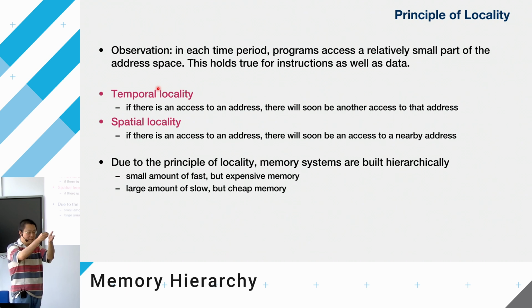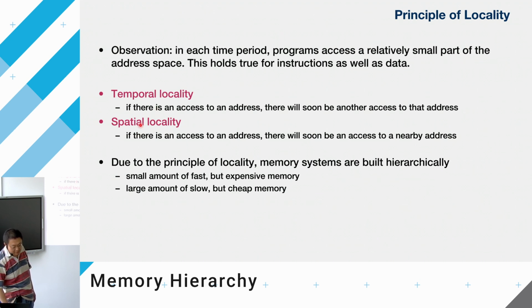If you are accessing some data right now, maybe in 1 or 2 seconds you will access the same data again. In this case, if you put this data inside the more expensive but much faster memory, namely the cache or even the register, then you have better performance. This is the so-called temporal locality.